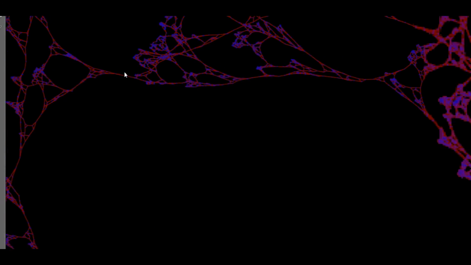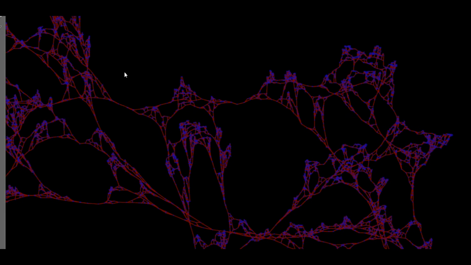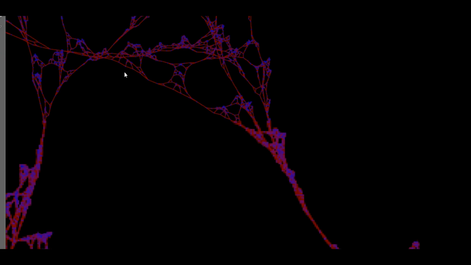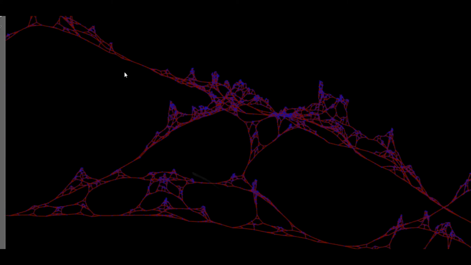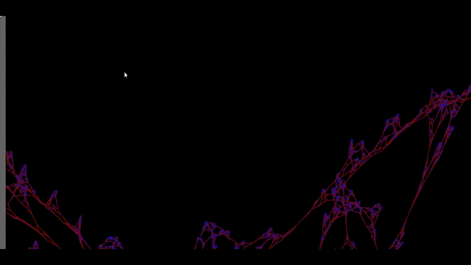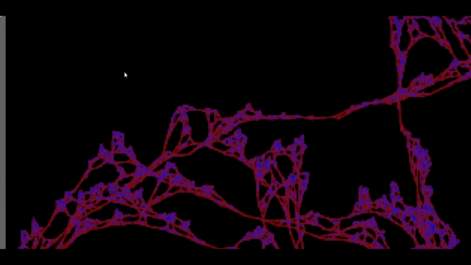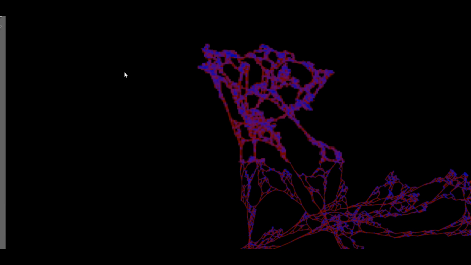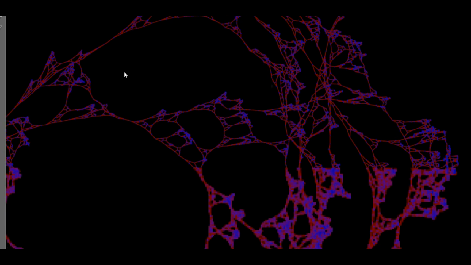I discussed this in a previous video, but as you can see, there's really quite a lot of detail which is crying out to be explored, in my opinion. The wonderful thing about this structure is that it was generated just by starting from a cube and evolving some extremely simple rules.